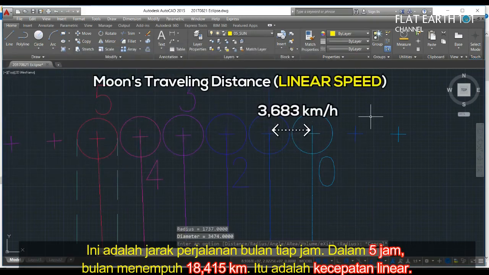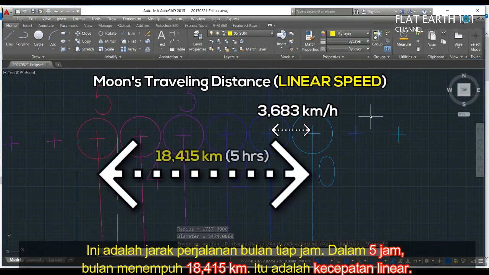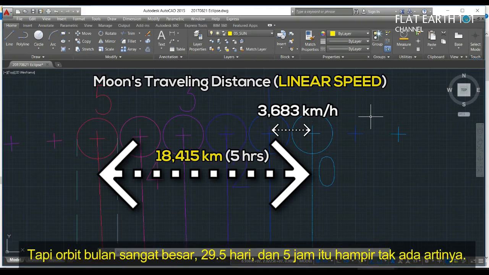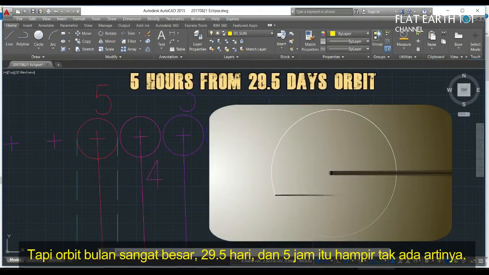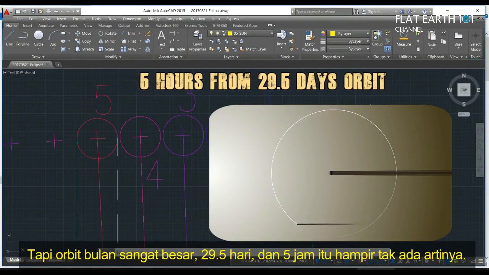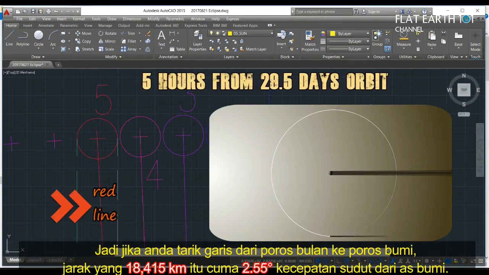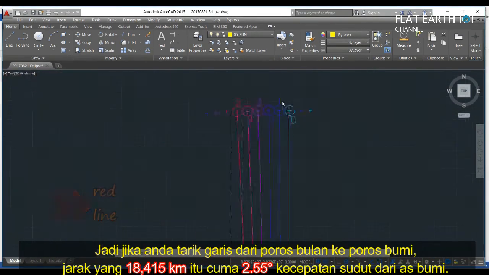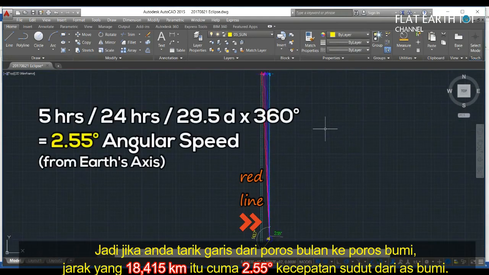This is the Moon's traveling distance every hour. Within 5 hours, it travels 18,415 kilometers. That's the linear speed. But the orbit is so big, 29.5 days, and 5 hours means almost nothing. So if you draw a line from the Moon's axis to the Earth's axis, this 18,415 kilometers is only 2.55 degrees angular speed on Earth.